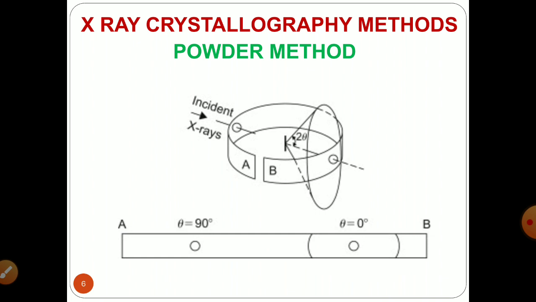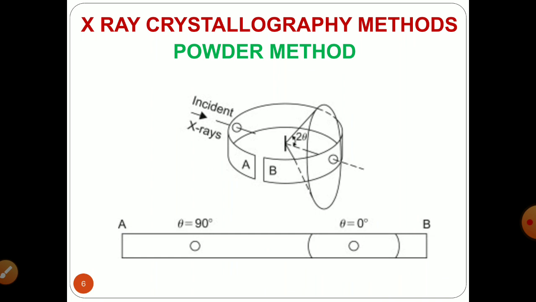In the case of the rotating crystal method, you are using a single crystal, whereas in the powder method, you are having finely ground crystal. Now, in this case, theta is variable, since the collection of randomly oriented crystals will contain sufficient particles. In the rotating crystal method, you had a single crystal, and right now you are having finely powdered crystals, meaning a collection of randomly oriented crystals.